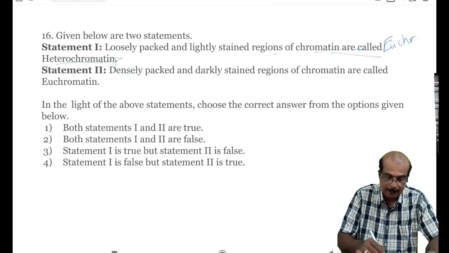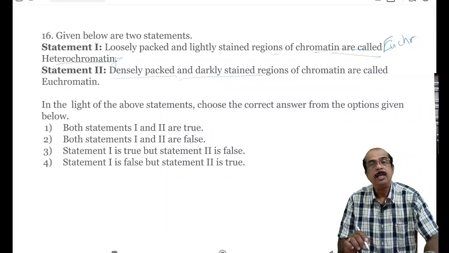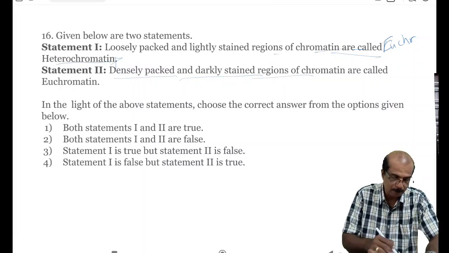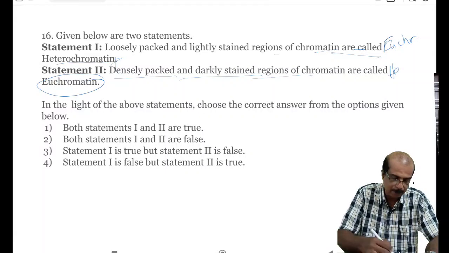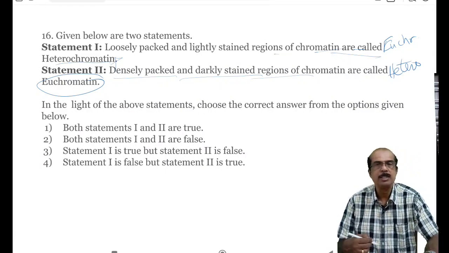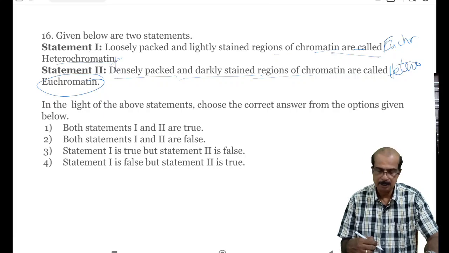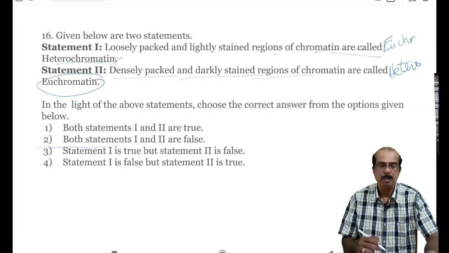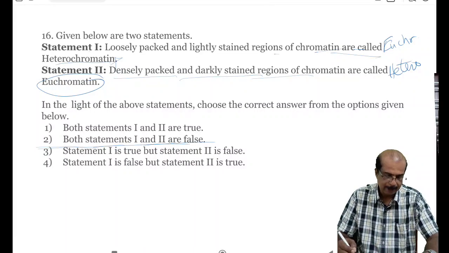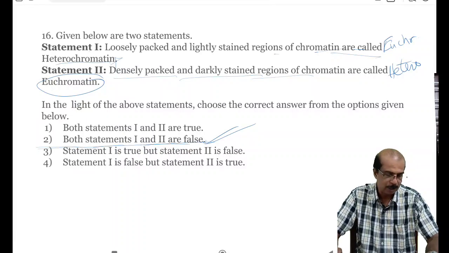Then densely packed and darkly stained, transcriptionally inactive chromatin is called not euchromatin, it is called heterochromatin. The terms are misplaced in both statements. So the two statements are false ones. So our answer will be option 2. Both statements 1 and 2 are false. We have to select the second choice as the answer to this question.